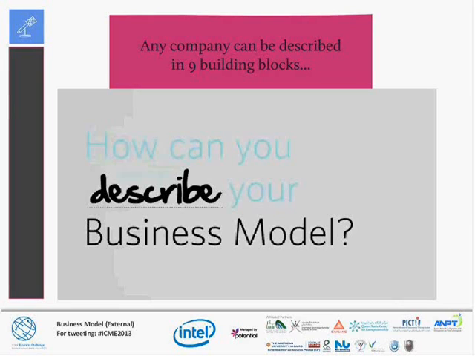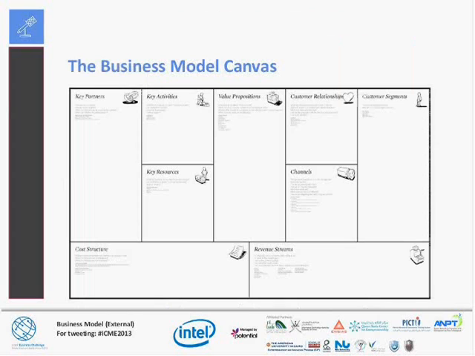Just to give you an idea of what the business model canvas is about. It's really a canvas, like a painting. When a painter wants to start a painting, they put a canvas on a piece of wood and start their painting from some places. Today we're talking about the external elements, which are customer segments, customer relationships, channels, revenue streams, and value proposition.